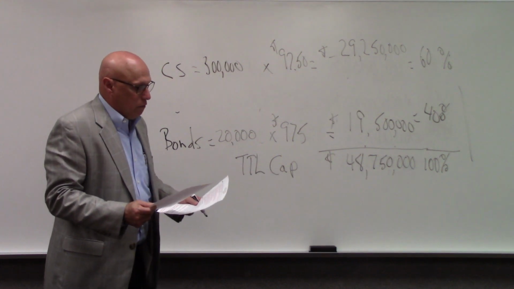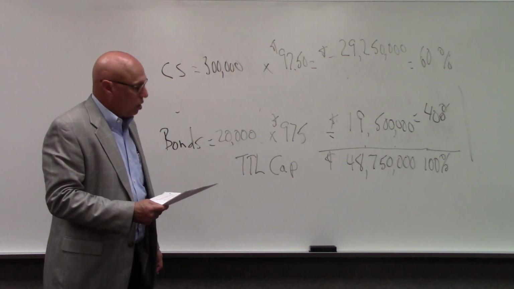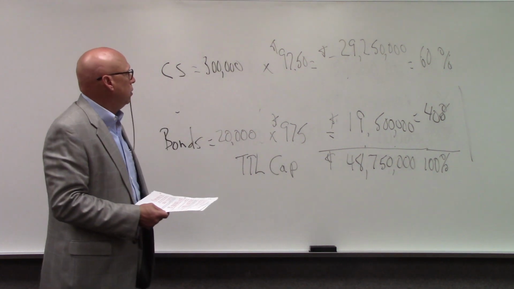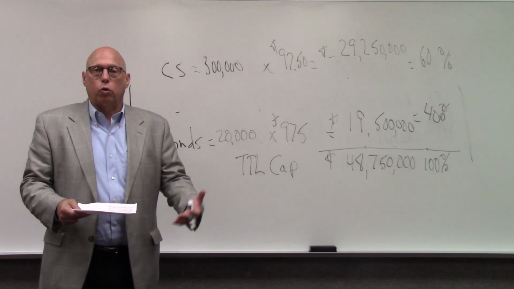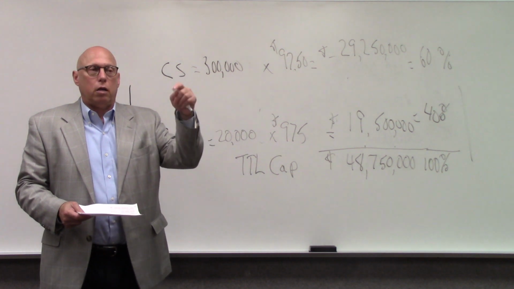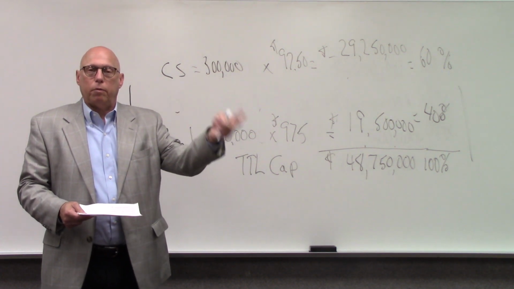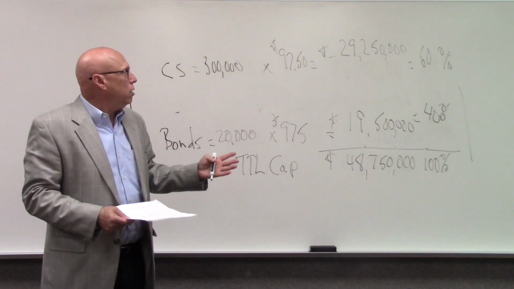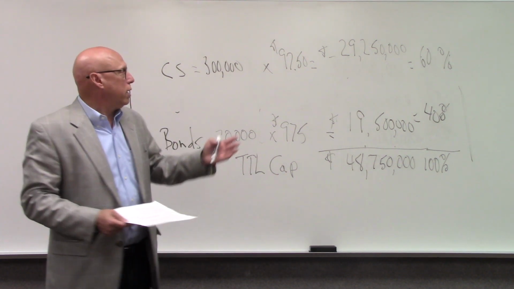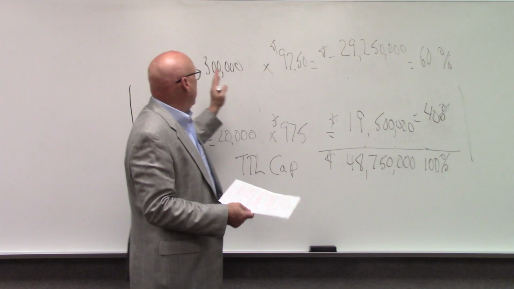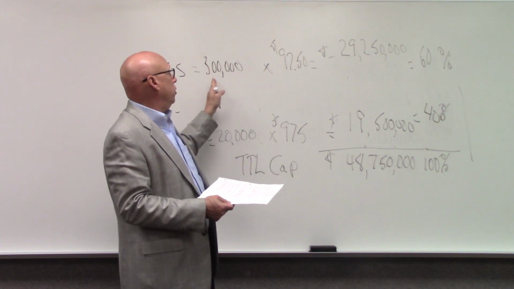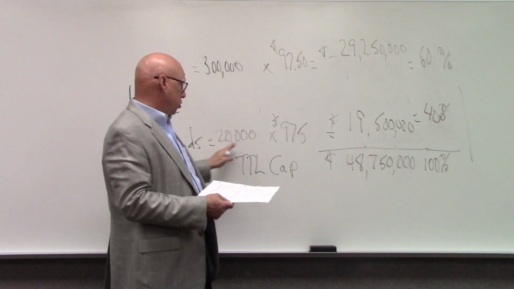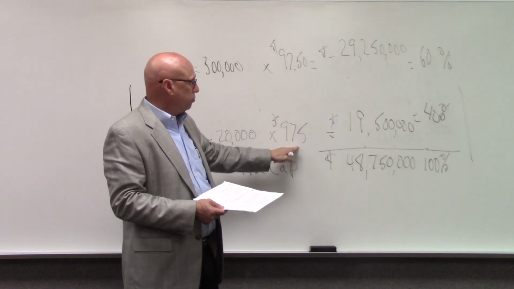That's it. Finding the proportions of capital. It's just that simple. So first you identify the sources of capital: common stock, preferred stock, debt, or bonds. Secondly, you calculate the total market value of each source: the number of securities times the current market price.